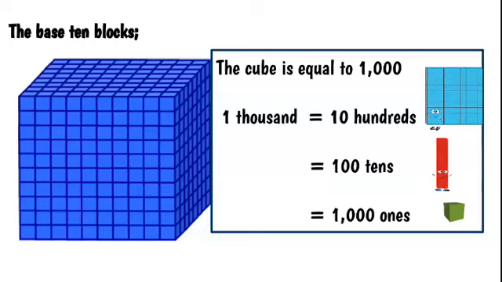We can also have 1,000 ones, 1,000 units, to make 1,000. So 1,000 ones will give us that 1,000, 100 tens will also give us 1,000, and 10 hundreds when combined will give us 1,000.